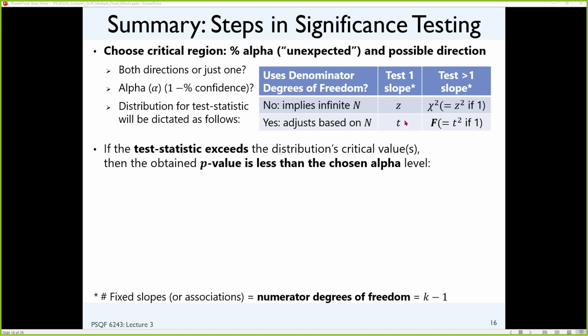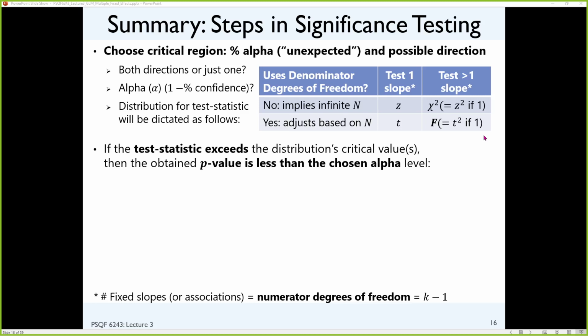Up to this point, we've really only talked about t because that's all we've needed. Now we're introducing the second column as a possibility. How do I assess the significance of more than one slope at a time? If I have 3 groups, it takes 2 slopes to differentiate the means in the 3 groups.